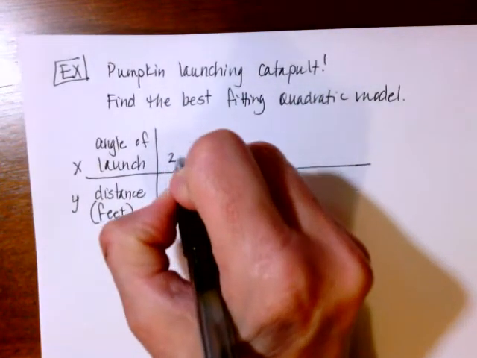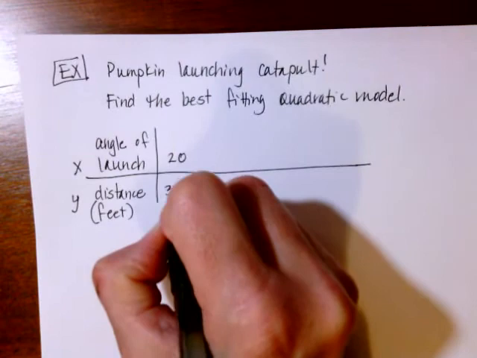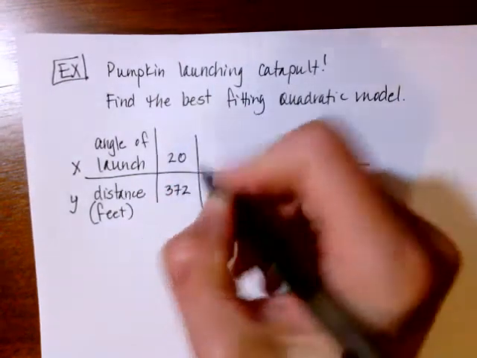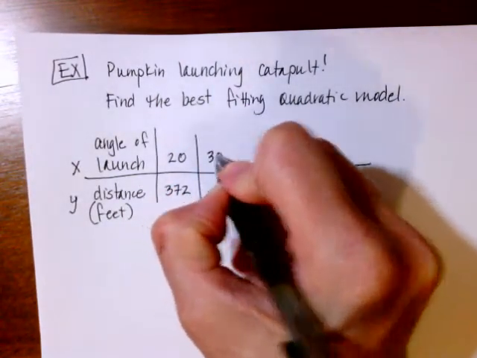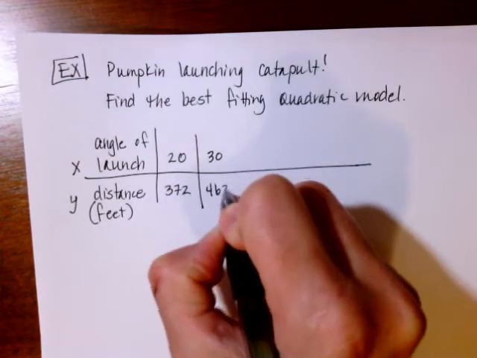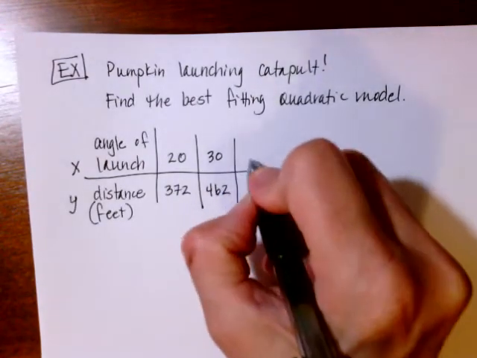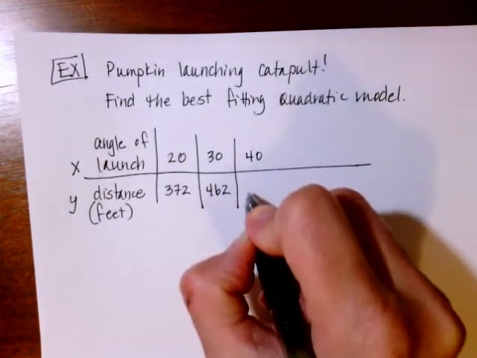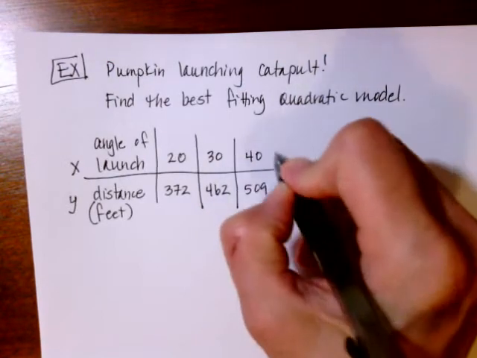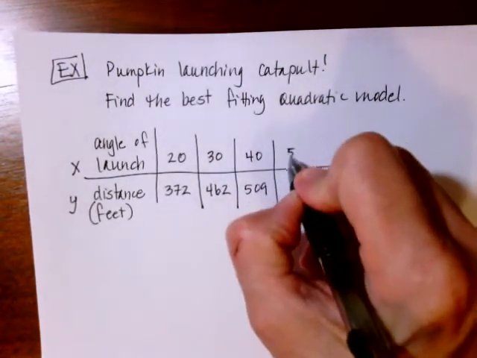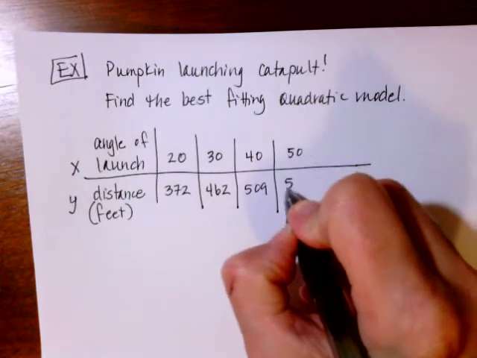So my first data point is going to be 20 and 372. My next one is going to be 30, 462. Then I'm going to have 40, 509. Then 50, 501.